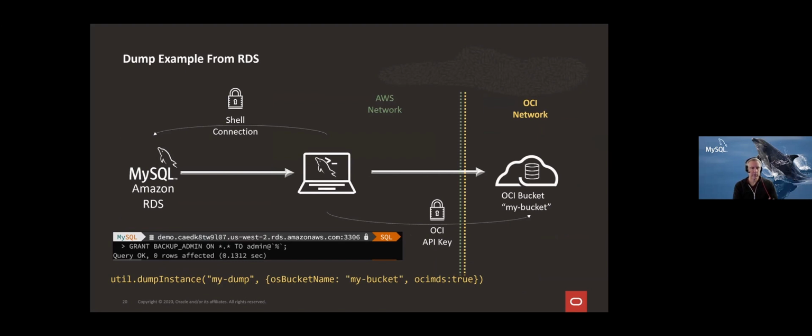For the user that you're going to be doing the migration with, the dump with, you have to first give it the backup admin privilege. This is what we have here on the screen. You connect your MySQL shell to Amazon RDS, and then you run grant on that user. After that, you can do the dump instance, and it's going to be really fast.